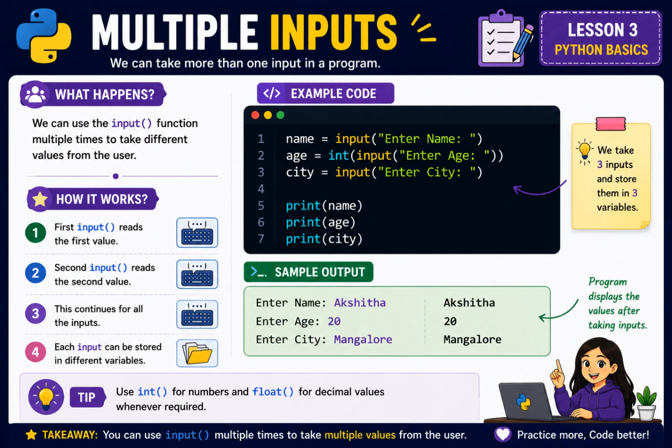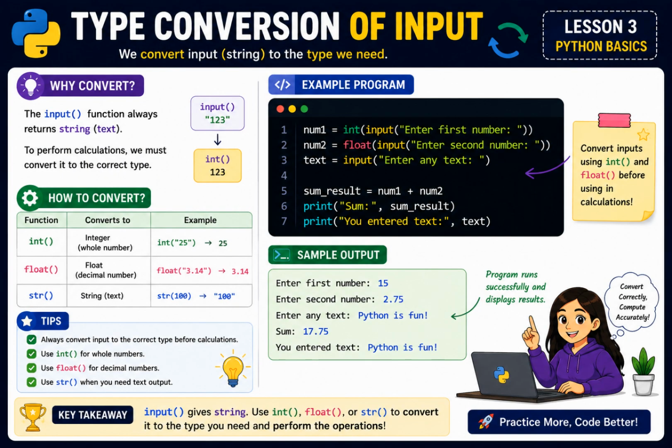The next topic is about type conversion. Let's understand what type conversion is. As we learned earlier, the input function always returns text. Suppose the user enters the numbers 15 and 20. Without conversion, Python treats them as text instead of numbers.